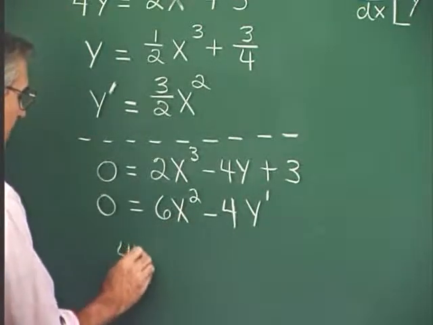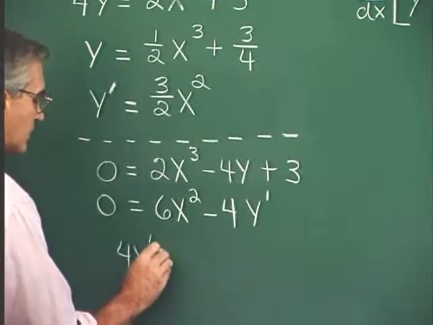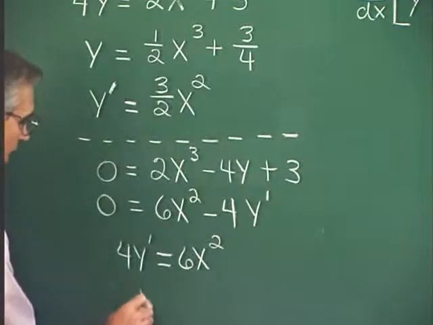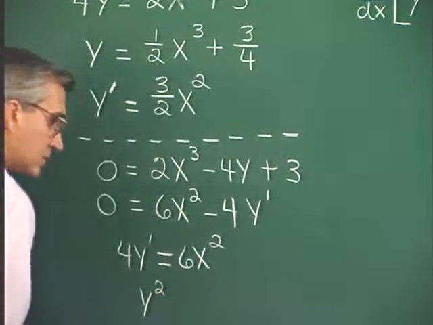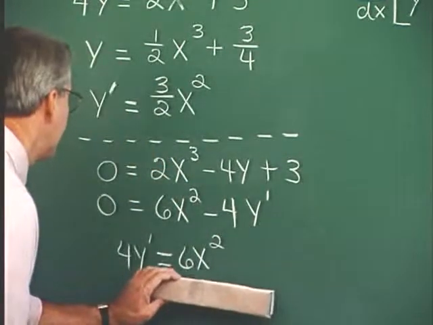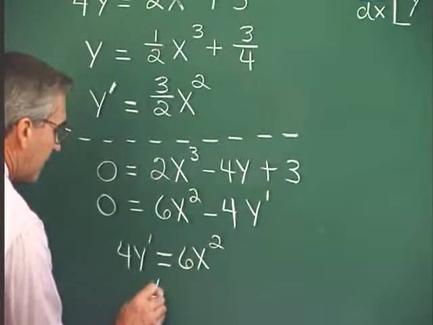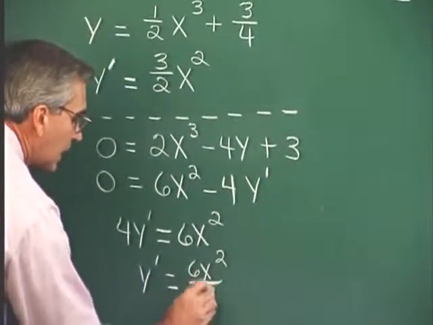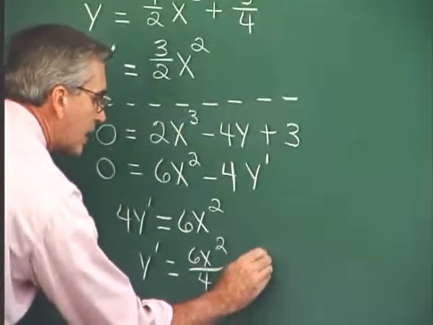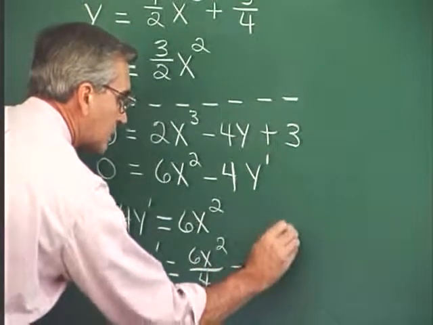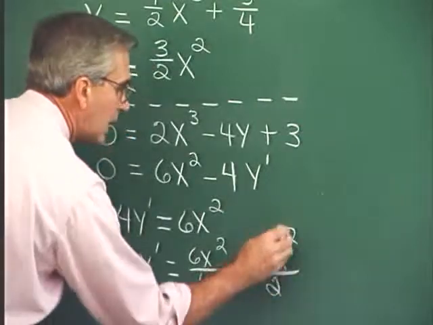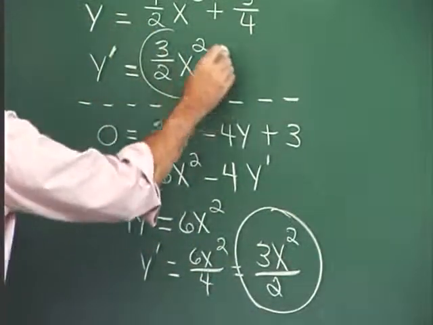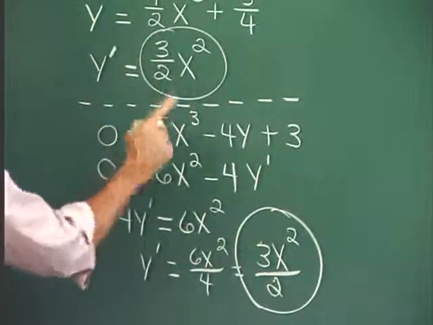We get 4y prime then is 6x squared, and y prime then is 6x squared over 4, and reducing, y prime is 3x squared over 2. And notice, 3x squared over 2, 3x squared over 2, we would expect them to be the same.